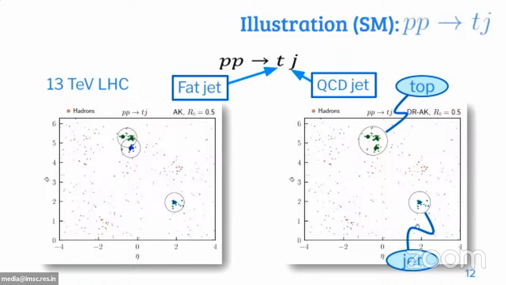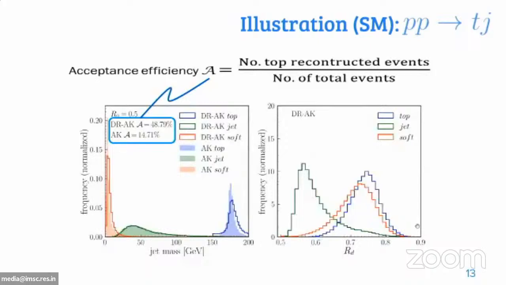Whereas these three prongs could not be captured by the anti-kT algorithm. It has been captured as two different jets, whereas our algorithm could capture the whole decay of the top quark. Okay, so that's what we could achieve with this algorithm. This is for a particular event, maybe the best event that we could see within our sample. But we wanted to see whether this is gaining at least statistically something.